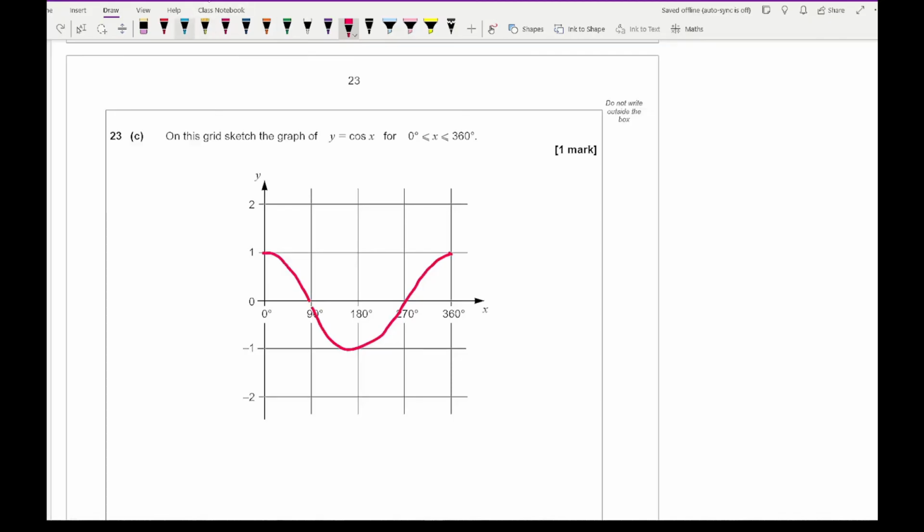Let me do that again because I don't think that is as accurate as I could have done. Starting at 1, we need to make sure that it goes through all of these points that I've marked, with a nice smooth curve that looks something like that. And I'm going to call that y equals cos x.